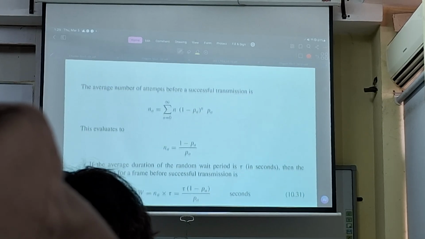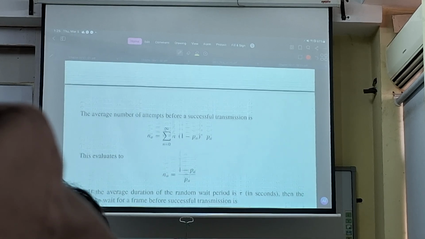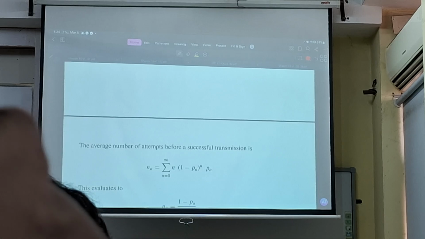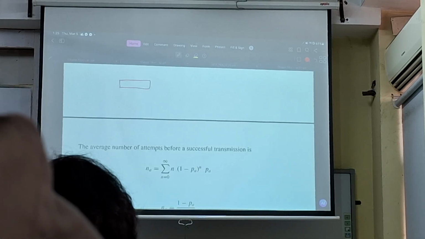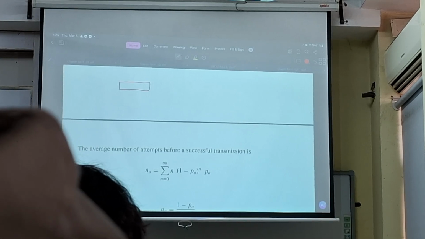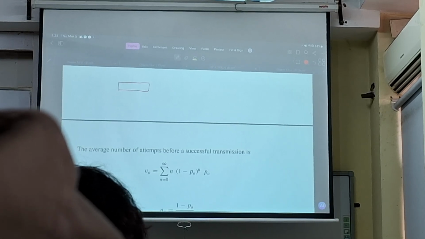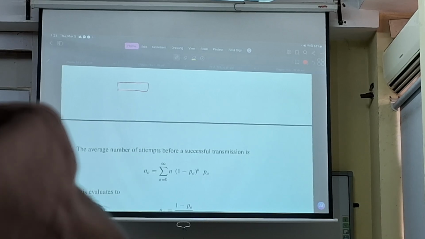Now, what is the average number of attempts before a successful transmission? What does it mean? When a station has a packet, it will transmit. And the station will eventually get the result, either success or failure. What happens after that?